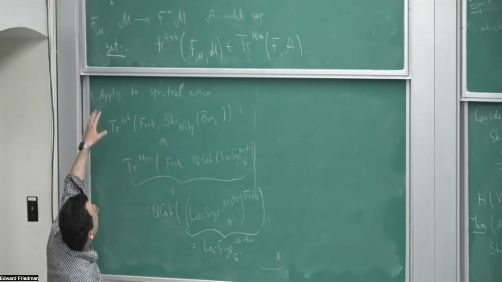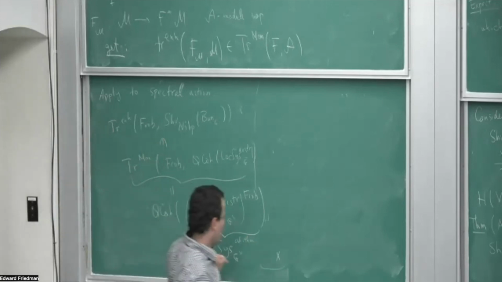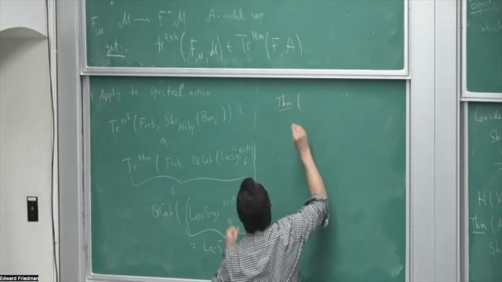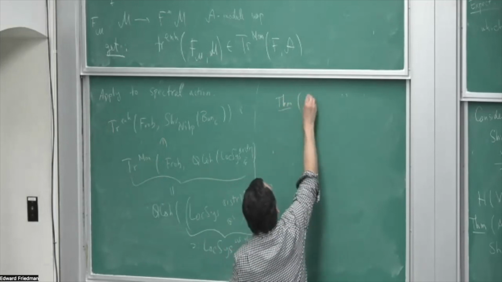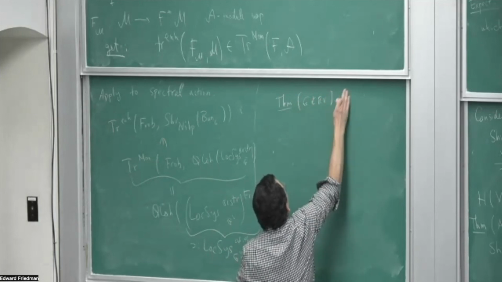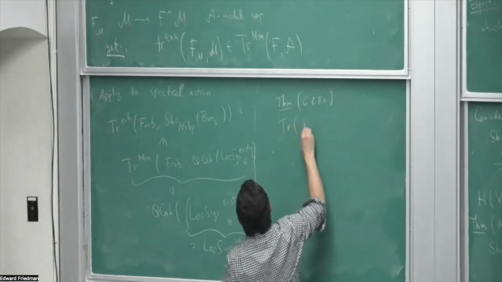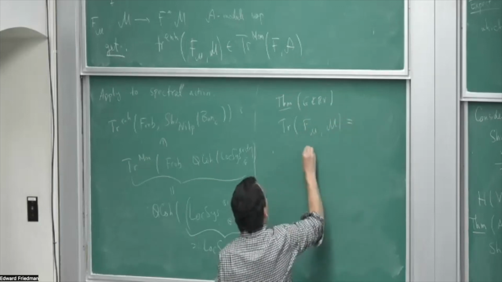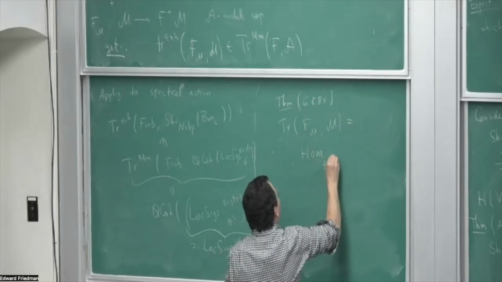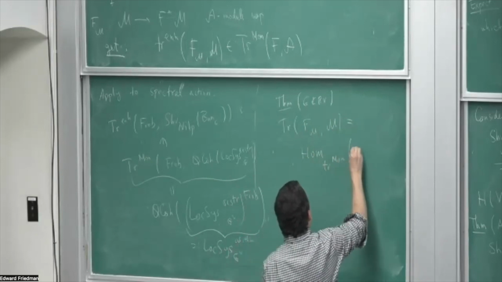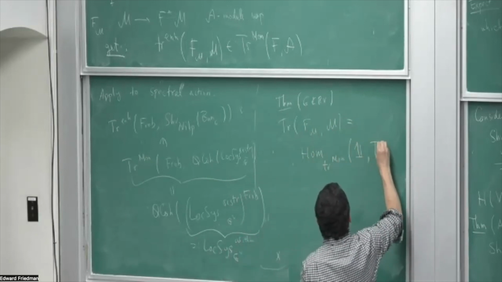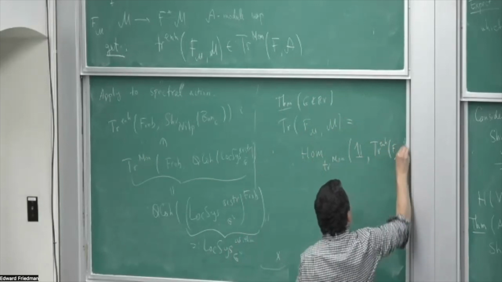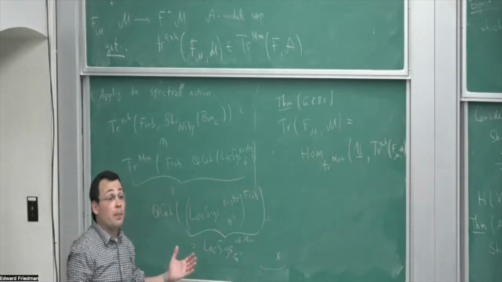Moreover, the theorem about enhanced traces is that if you take the ordinary trace of M acting on M, this is equal to the monoidal trace category, sorry, this is a little bit of a mouthful, from the unit into the enhanced trace. That's the sense in which it's enhanced.